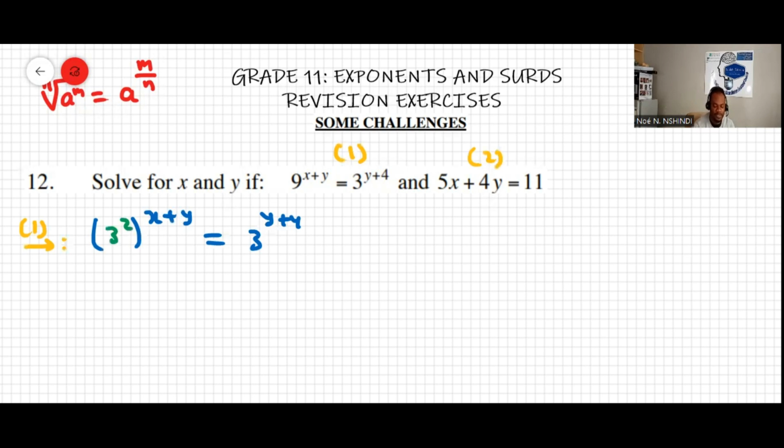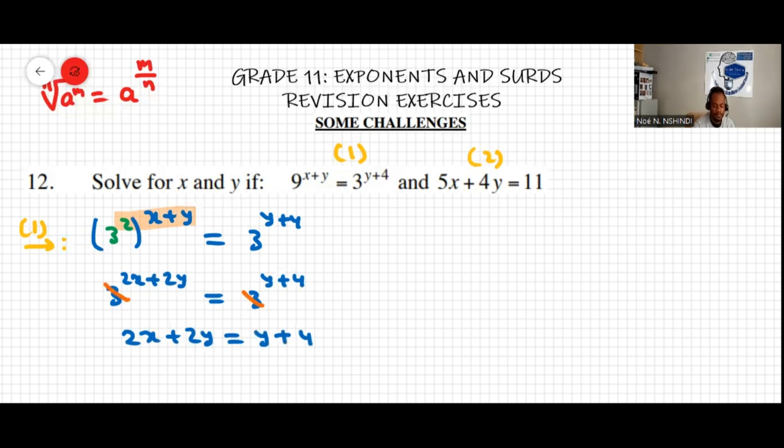And then this makes 3 to the power of 2x, not plus y, but plus 2y, equal to 3 to the y plus 4. Be careful here when we multiply the exponents. We multiply 2 times x, 2 times y. Now that we have the same bases, we're going to drop the bases and equate the exponents. So we have 2x plus 2y equals y plus 4.